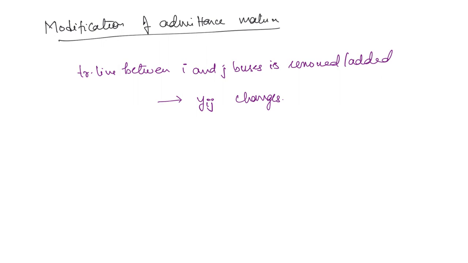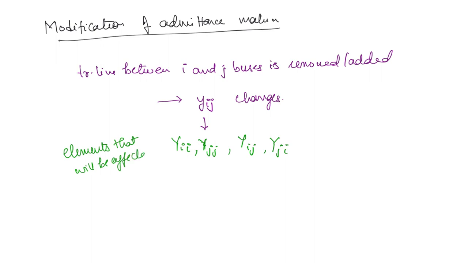Now if yij changes, then what elements are going to see the change? The elements that are going to be affected are capital Yii, capital Yjj, Yij and Yji. These are all the elements that will be affected due to a change in yij. That can be either addition of a transmission line or a removal of a transmission line.